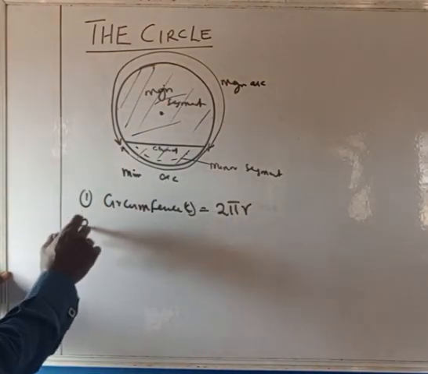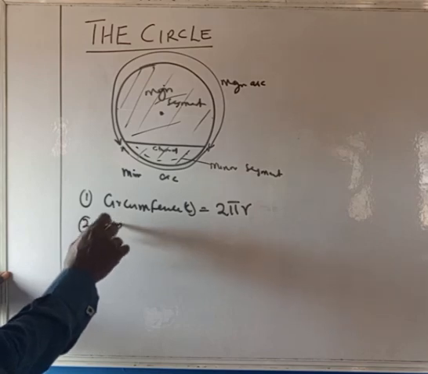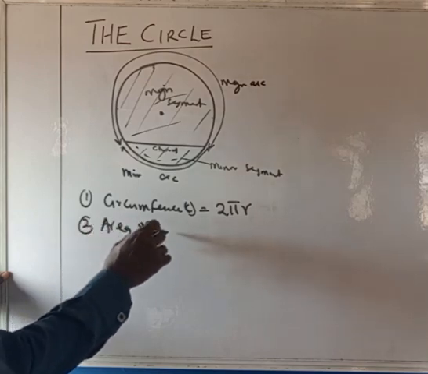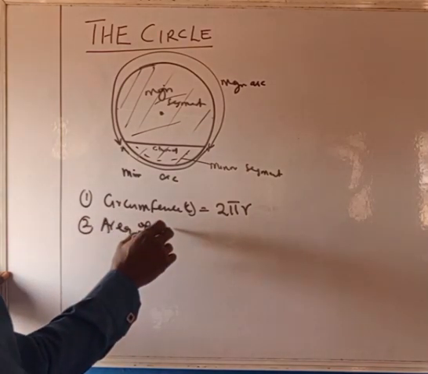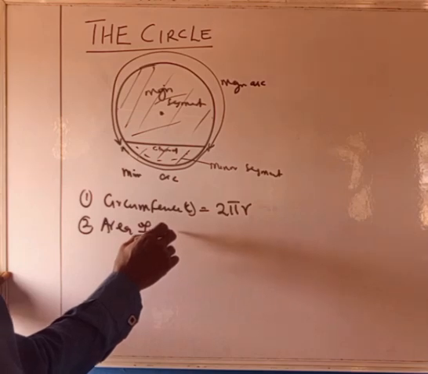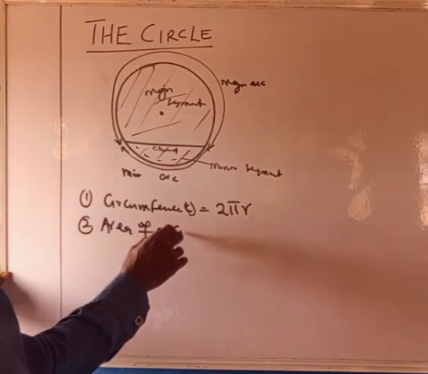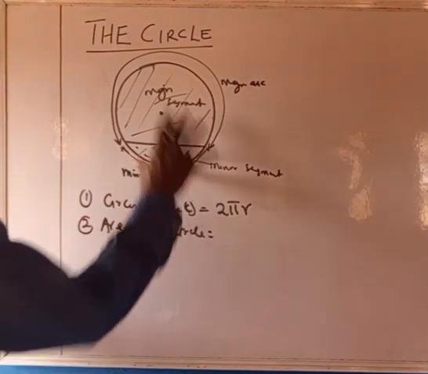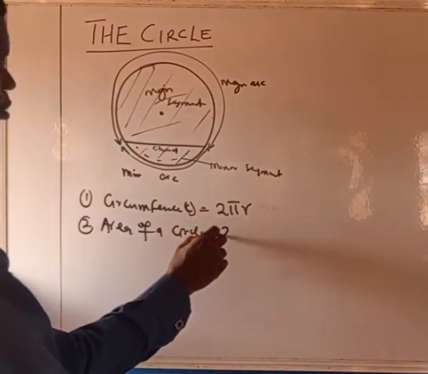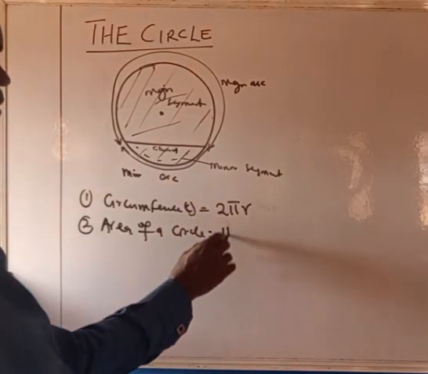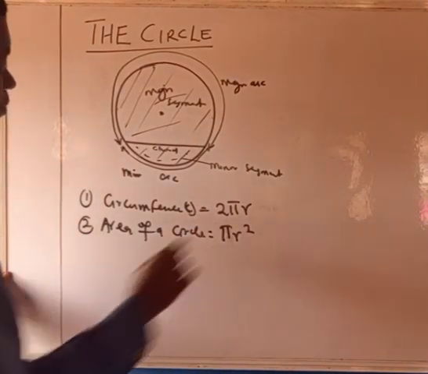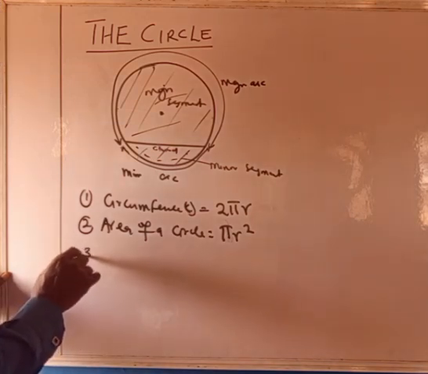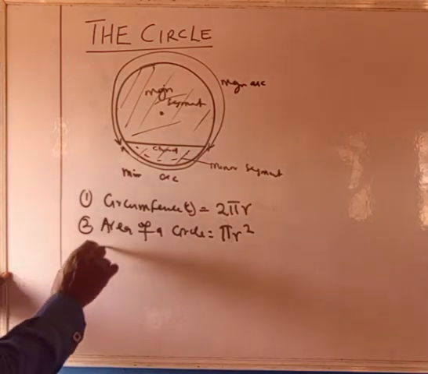Number two is the area of a circle. The whole area is pi r squared.